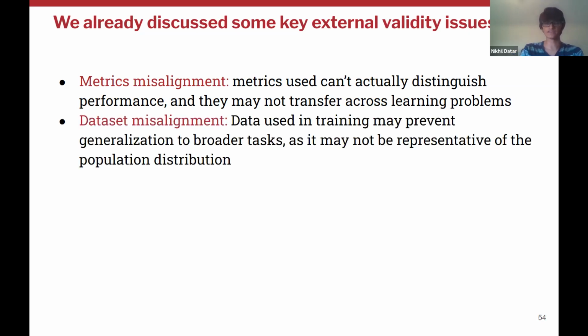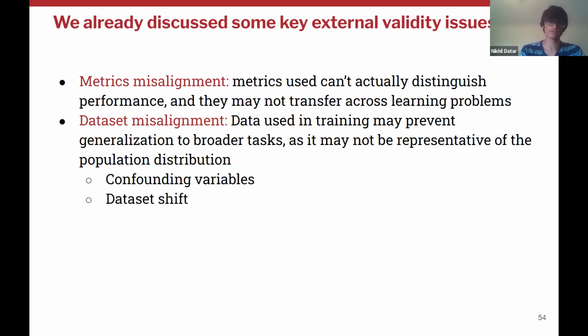There's also the issue of data set misalignment and several issues under that, including confounding variables, which we discussed, that relate to how a particular model that's run on one data set can fare on another. For example, like I mentioned earlier with the ruler in skin lesion images, if a particular data set includes that item in images, that model may not translate well to another learning problem, which is defined by a different data set.